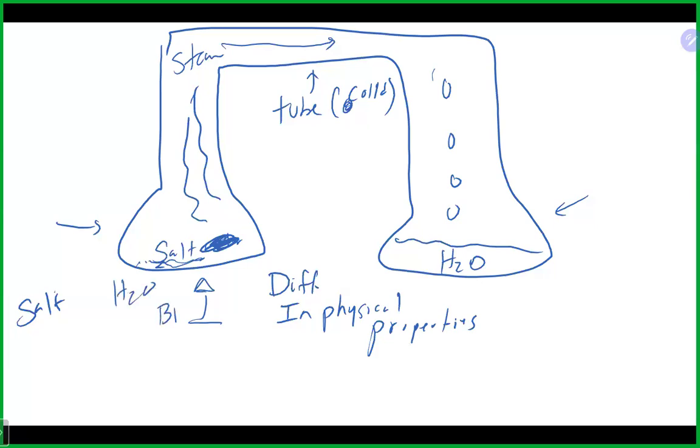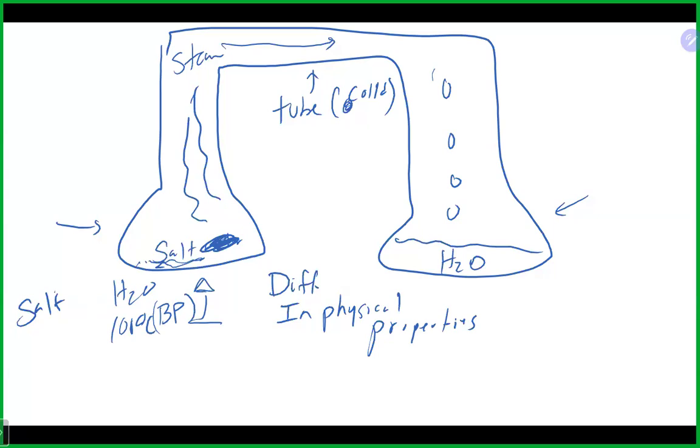When we think about the boiling point, water boils at 100 degrees Celsius. As you heat salt water, the water is going to start to evaporate. You would need to heat the heck out of the salt, and most likely it will not boil; it will not change phase.